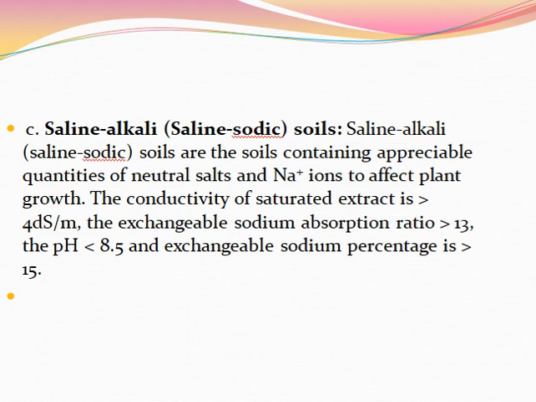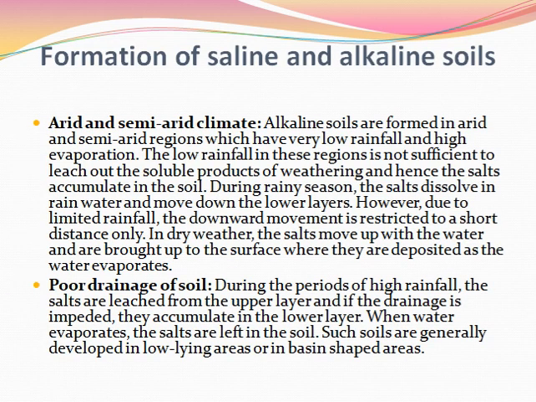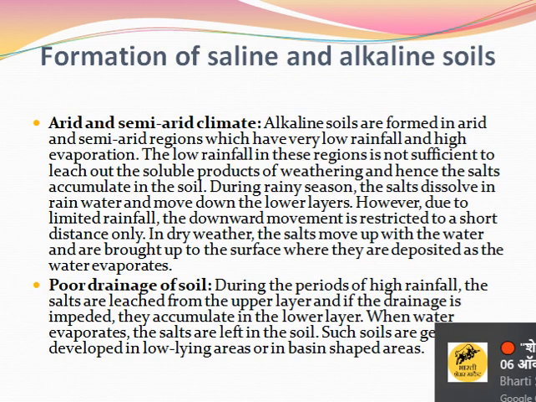After the characteristics of soil, we want to study the formation of saline alkali soil, and the factors which contribute to the formation of these soils: arid and semi-arid climate, poor draining capacity of soil, high water table, overflow of seawater over lands, introduction of irrigation water, salts blown by wind, and soil developing from natural materials which are saline.